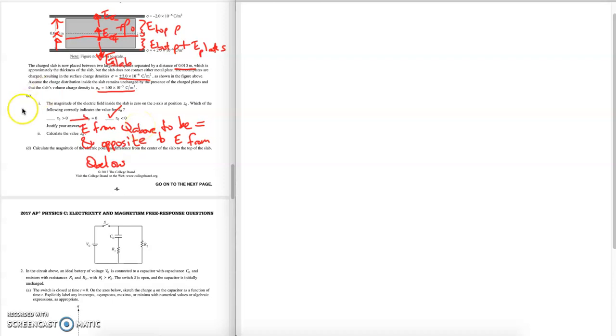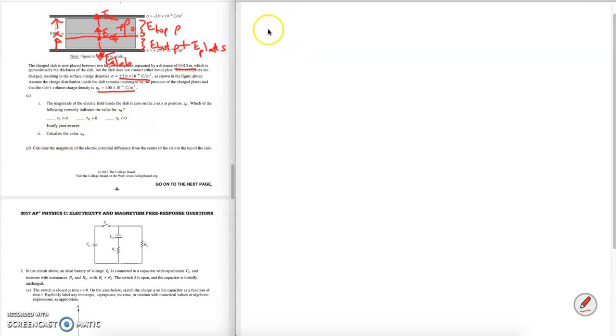Now, of course, part 2. Oh, now I've got writing all over the place, so I can read this. Part 2 is going to be, okay, well, where is that going to be? All right, so if you remember from class, Gauss's law: Q enclosed equals the integral of E dot dA.